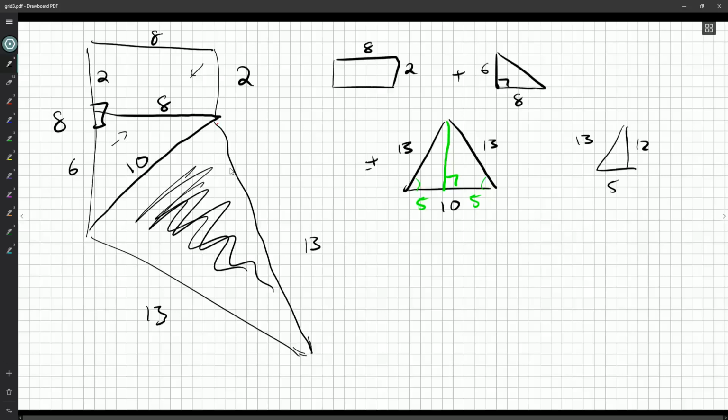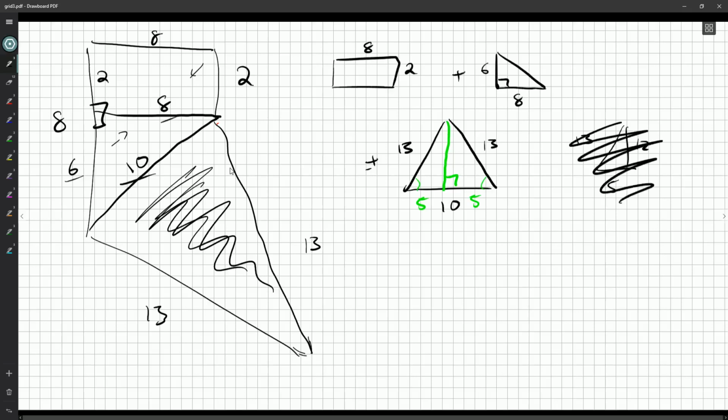If I don't know those, of course, I can just do 13 squared minus 5 squared and square root that. But I would recommend that if you're trying to get a bit more serious about these contest questions, you know Pythagorean triples like 6, 8, and 10 that I've used over here, or 5, 12, 13, or something a bit more obscure like 8, 15, 17.